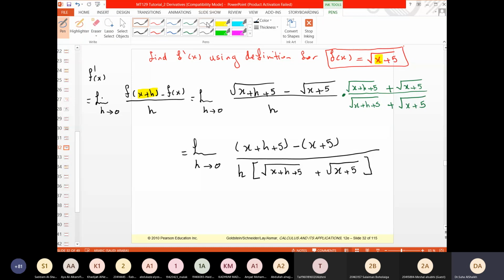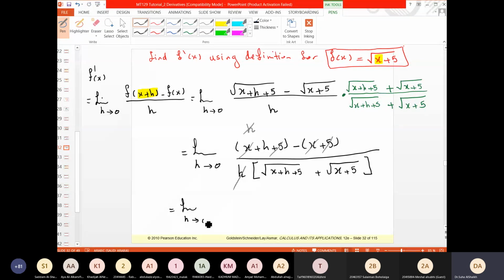Good? And what will happen? The x with this x cancels, plus minus. The 5 with this 5 will cancel, plus minus. I remain with h, and down there I have h, so it's going to cancel.